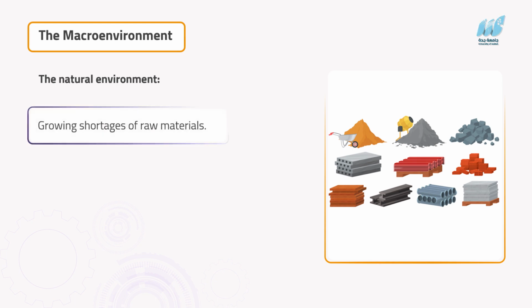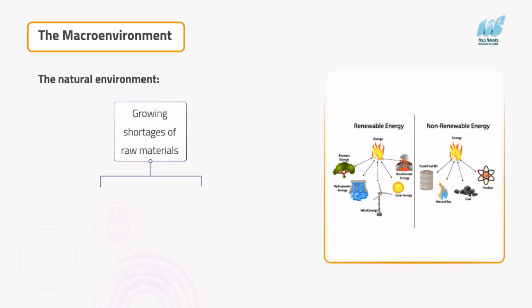First, there are growing shortages of raw materials. Air and water may seem to be infinite resources, but some groups see long-run dangers. Renewable resources, such as forests and food, also have to be used wisely.